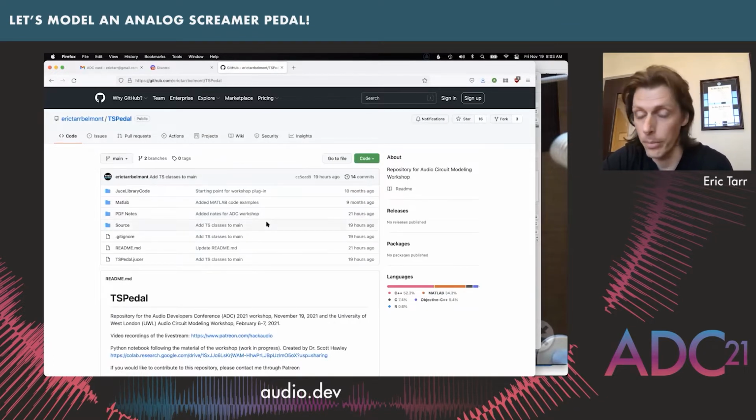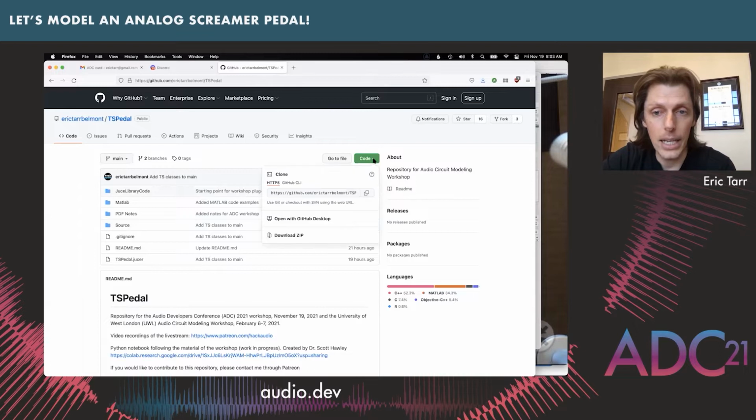If you're familiar with Git, go ahead and clone that and have it on your local computer.